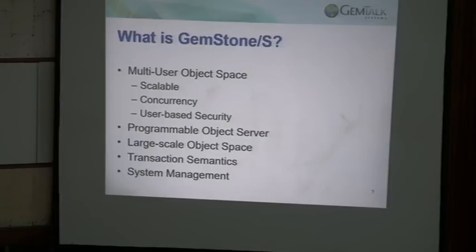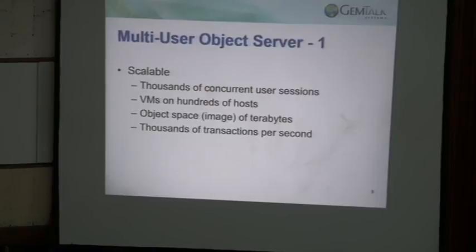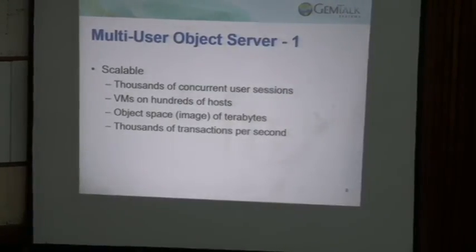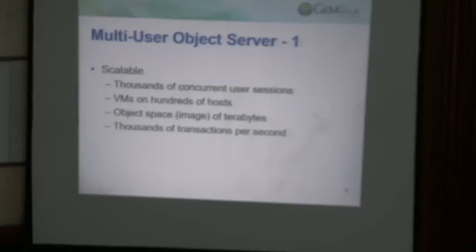So GemStone is a system that is based in Smalltalk, but has a number of features that we will look at in a little bit more detail here. First, it is a multi-user object server. Scalable so that we can run thousands of concurrent user sessions in one object space.